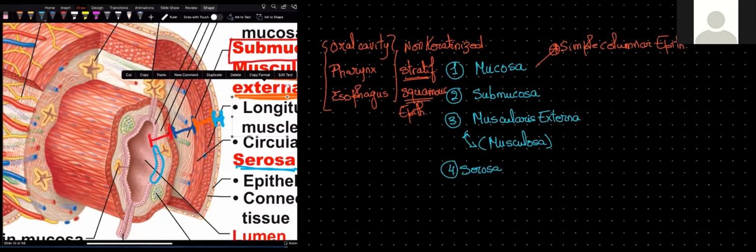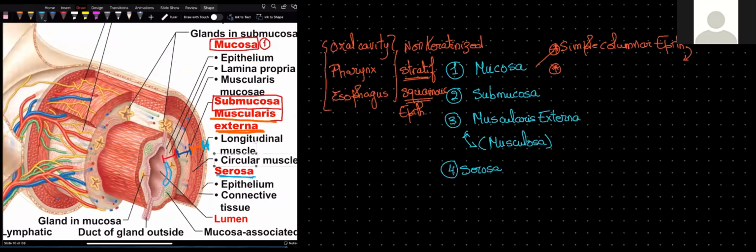Remember, under any epithelium, we've got connective tissue to support it. And the connective tissue in the mucosa is what we call the lamina propria. Lamina propria is this connective tissue layer that will be located underneath my epithelium in the mucosa. This one on here.